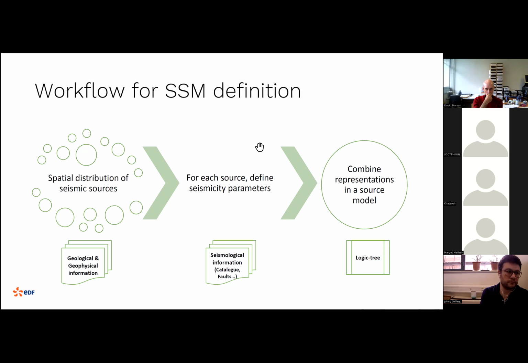Then for each source, the modeler has to define specific seismicity parameters that are based mainly on the seismological information contained in earthquake catalogs and also given by our knowledge of seismic faults. Once all sources are well characterized, there is also the question of how to combine all this representation of sources in a single model. And for this purpose, we can combine different modeling approaches in a logic tree, for example.